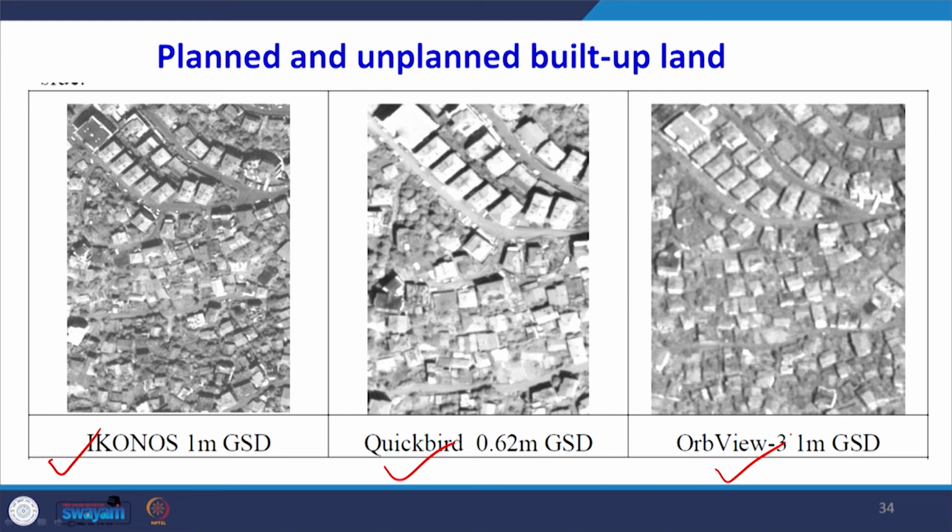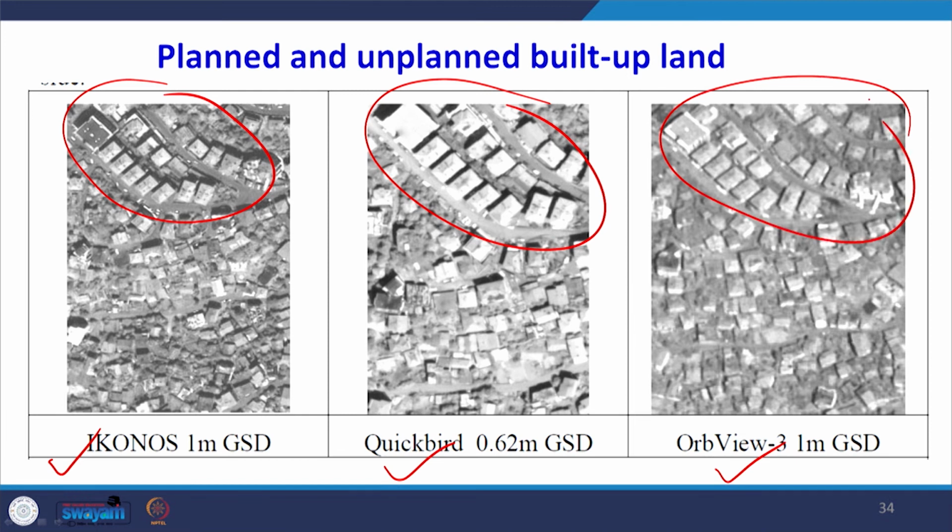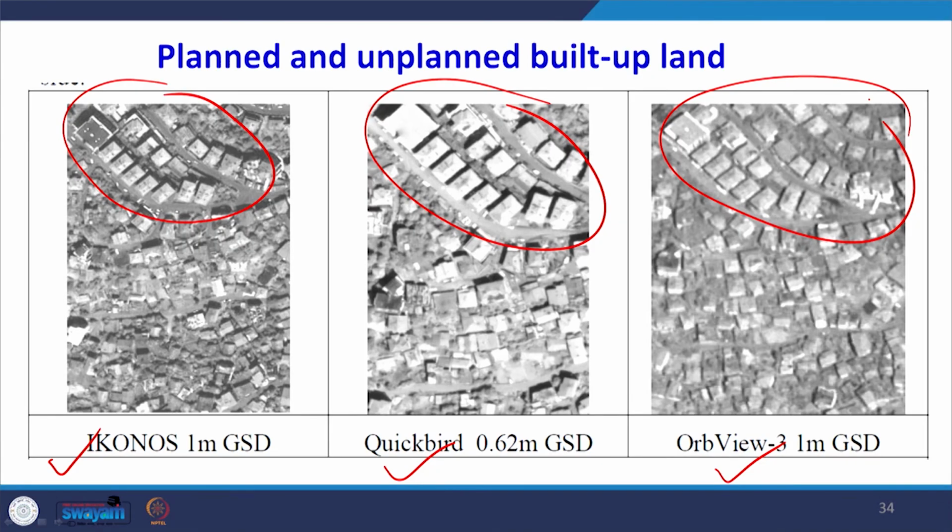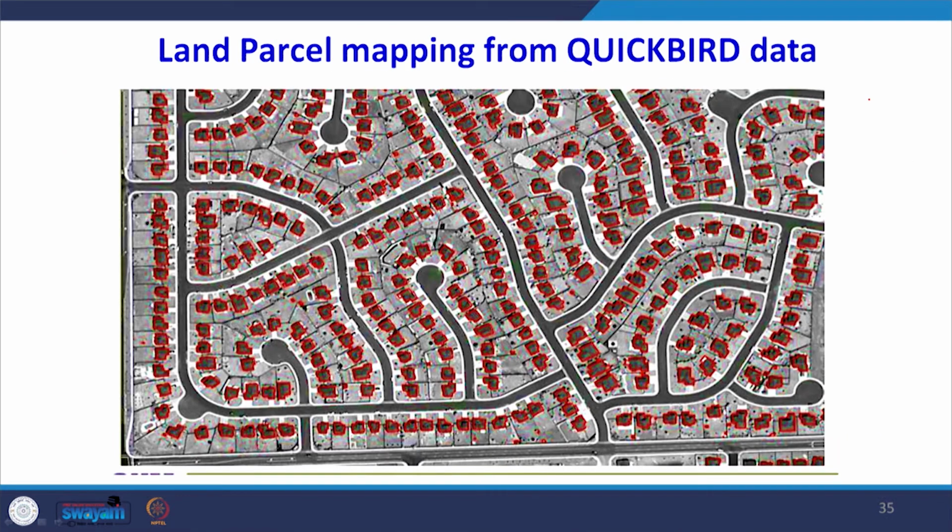The same area has been covered by 3 different satellites, and you can probably see some of the planned buildings in the top area. You can see some well defined rows and lines, but in the unplanned area one can also see haphazard growth. So, the old planning was done in the lower part of the area. A planned city and an unplanned city we can actually distinguish very easily from this kind of data.